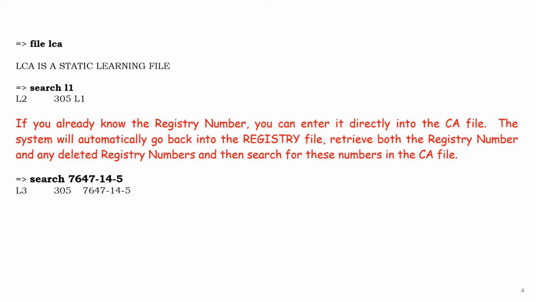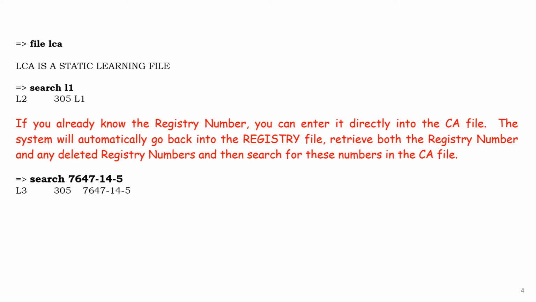This slide shows the crucial step when searching for substances in Chemical Abstracts. You have already been in the registry file. You've locked the registry number in. Now you say file LCA, learning CA. In a real-life search, you would just say file CA.